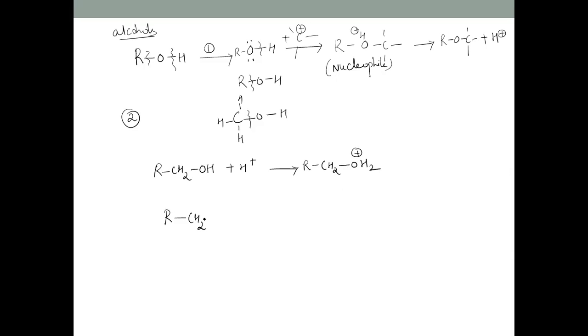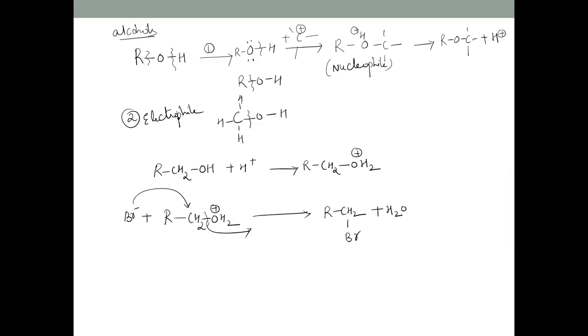This one has a positive charge, and this Br minus can attack here. Which bond is being broken? The C-O bond breakage. The bond between C and O is broken, resulting in this product plus water. So the protonated alcohol is acting as an electrophile here.